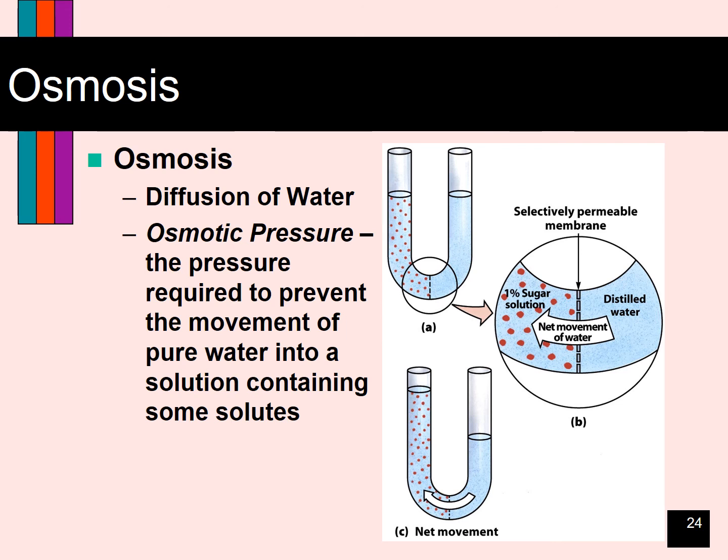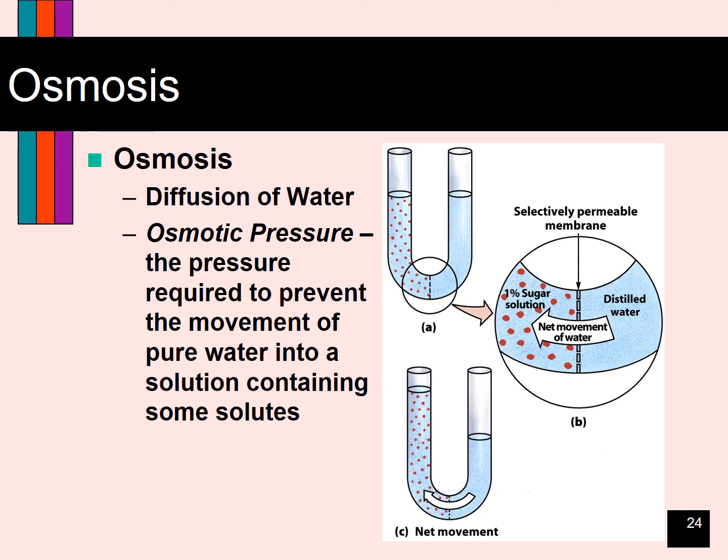We talked a little bit about the cell wall preventing osmotic lysis. So bacteria are always in a situation where their solute concentration is higher than the surrounding environment, so they're like the 1% sugar solution, and the environment that they're in is like the distilled water.